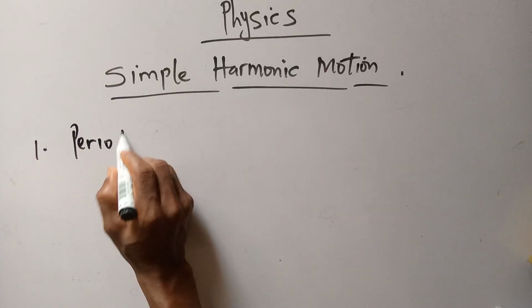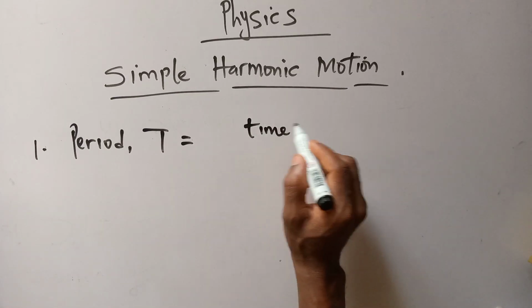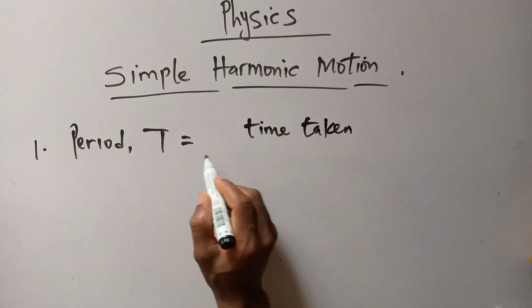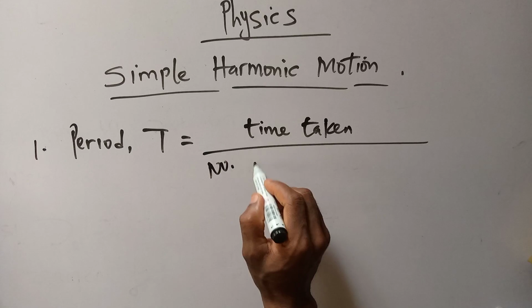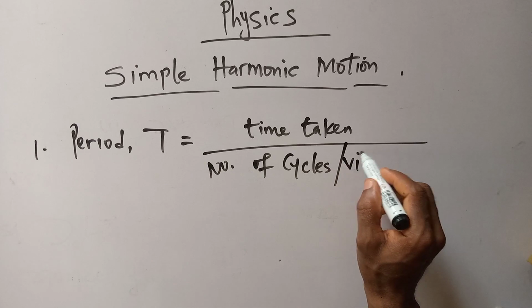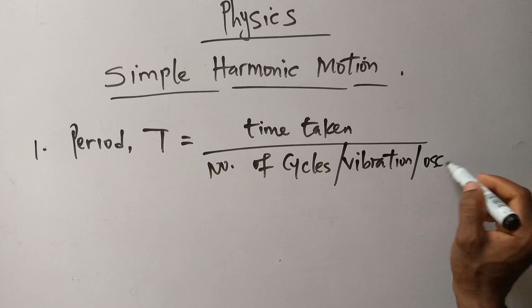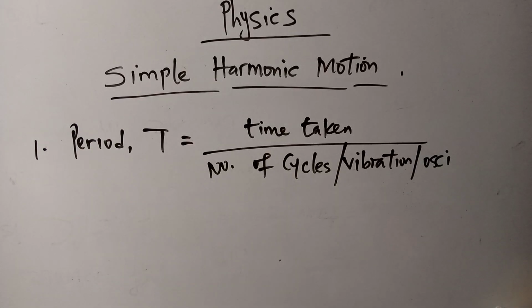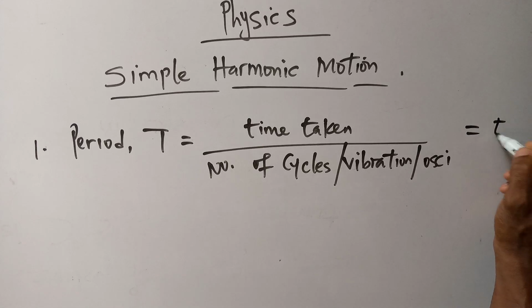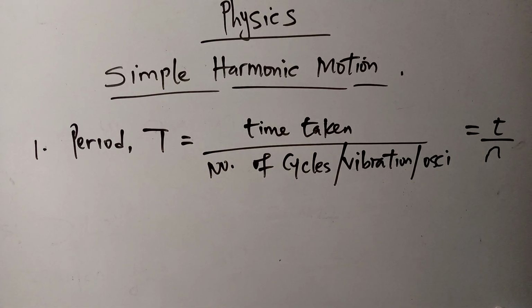The period of oscillation, T, can be calculated using the formula time taken divided by the number of cycles, or vibrations, or oscillations. So it can also be given as t over n. This formula can be used to calculate the period of oscillation of a simple harmonic motion.